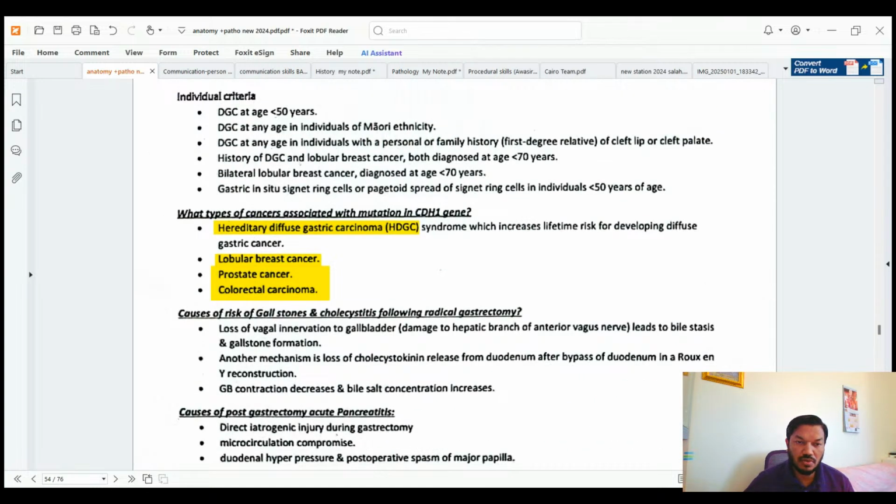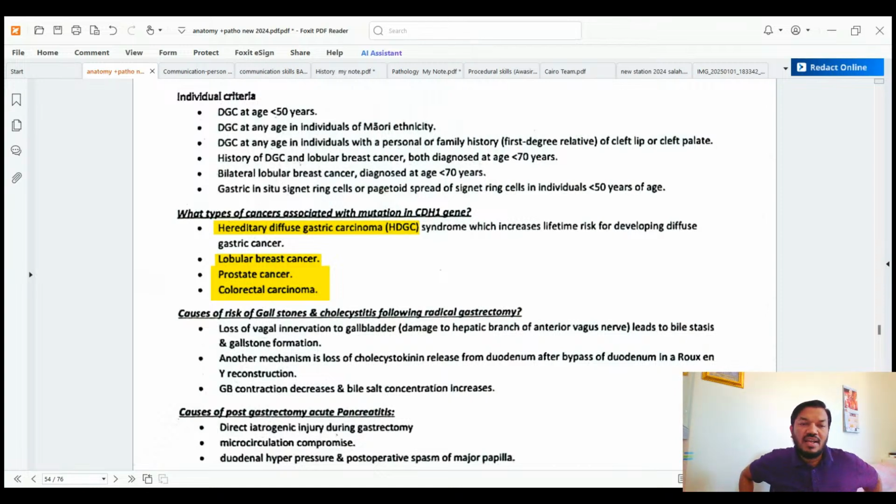Causes of risk of gallstone and cholecystitis following radical gastrectomy. Loss of vagal innervation of the gallbladder.